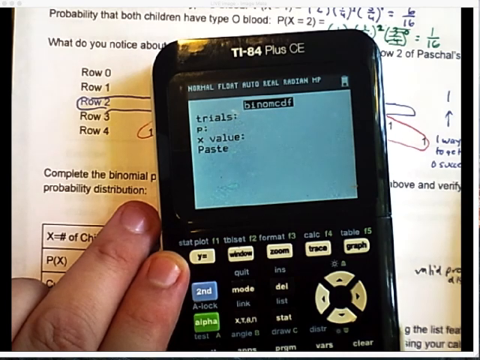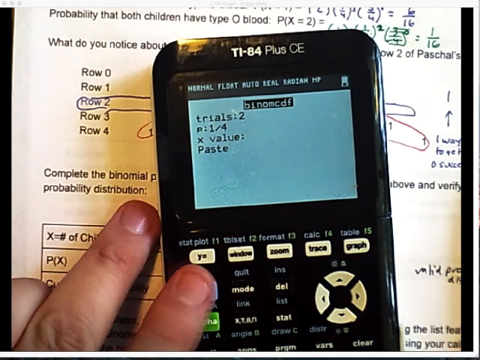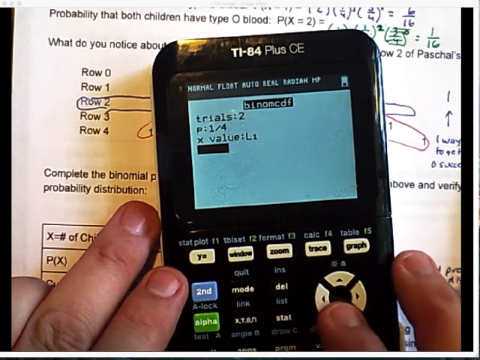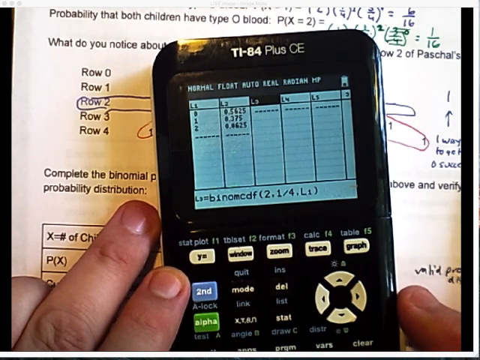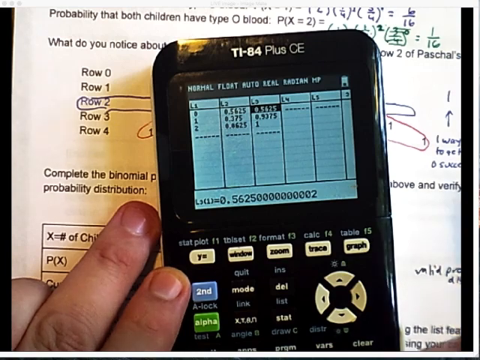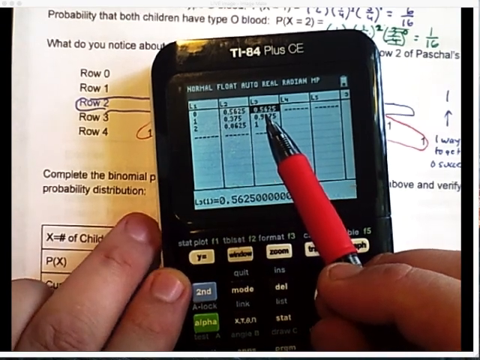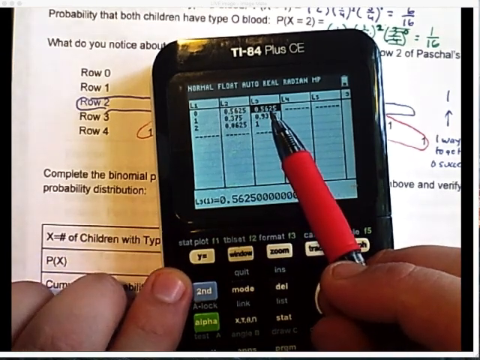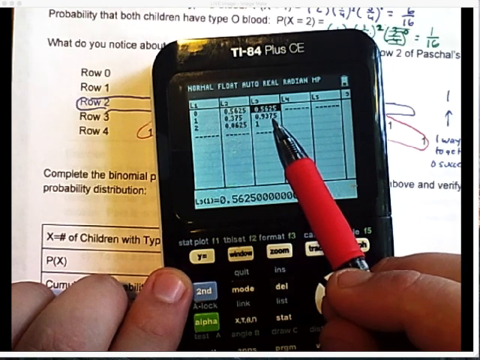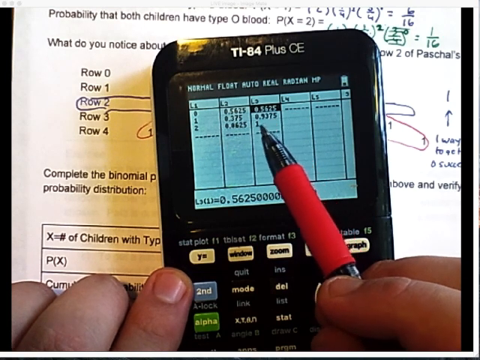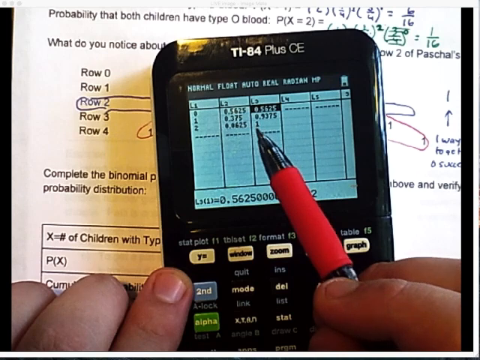Okay. So again, we have 2 trials. The P is 1/4, and I'm still going to pull my X value from list 1. Okay. Look at this. Now you have 9/16. This number is equal to 15/16, and 16/16 is 1.